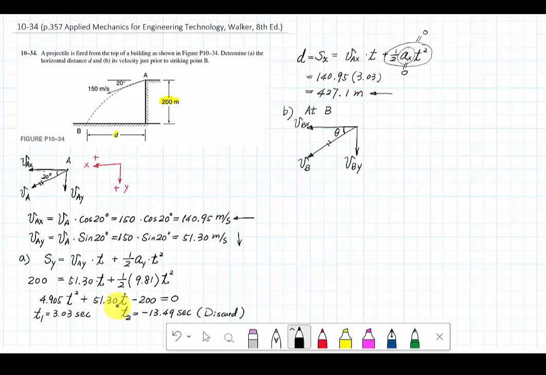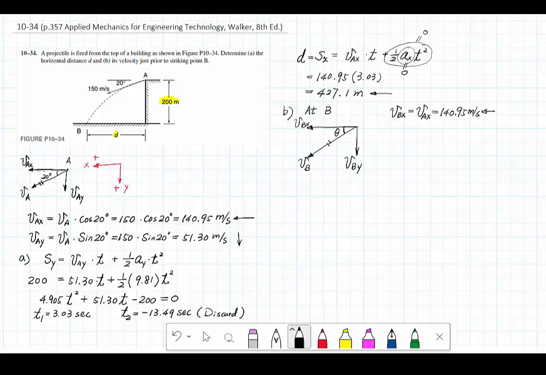Okay, so let's find out VBX and VBY first. VBX, well, this one is easy. In the x direction, we have a constant velocity. So VAX is not changing, so it should be the same as VBX, and this number is calculated already: 140.95 meters per second going to the left.